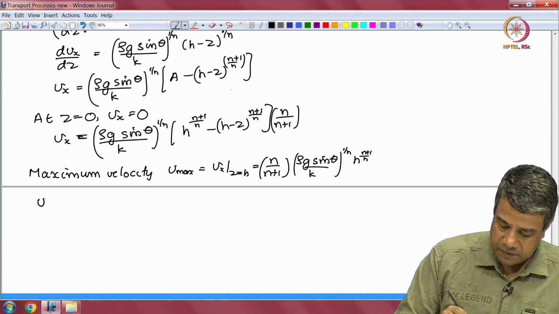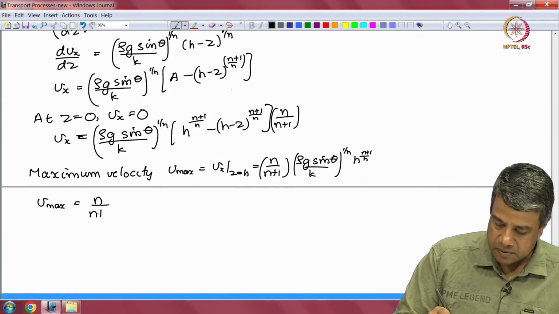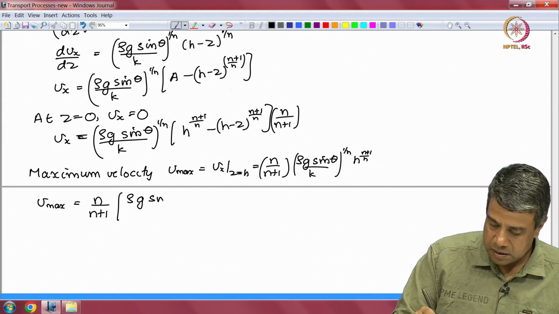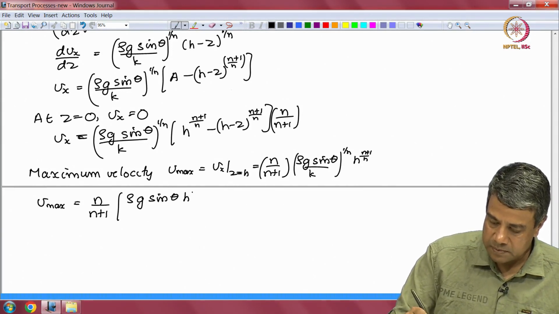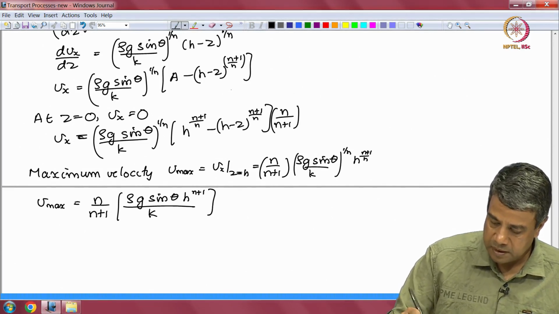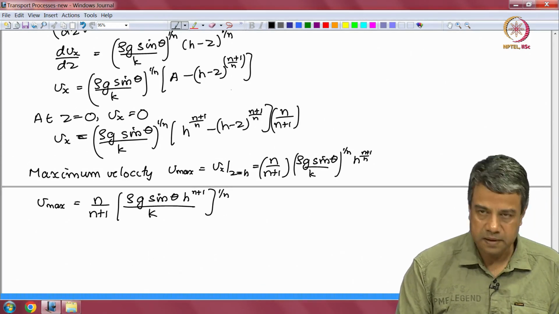Alternatively, I can write V max as n by n plus 1 into [rho g sin theta h power (n plus 1) by k] power 1 by n. So, that is the maximum velocity.